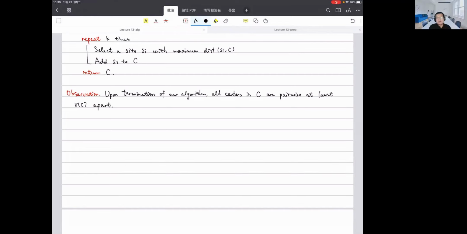Or in other words, all the centers we select have a distance of at least RC between each possible choice of the centers here. So all the centers that we choose here are far from each other, intuitively.